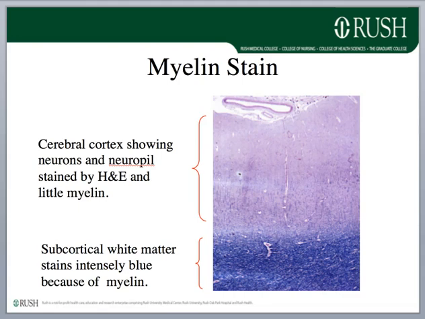At the lower part of the image, which stains intensely blue, is the subcortical white matter. This stains intensely blue because this is where the bulk of the axons travel to reach their destinations. So grossly, if you think about it, the cerebral cortex is the gray matter, and the subcortical tissue is the white matter.